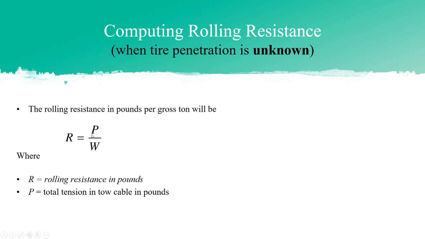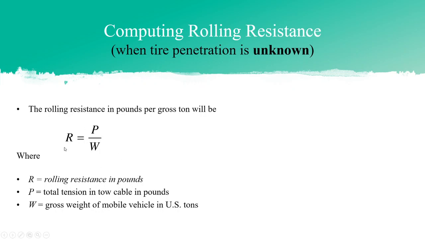It means if you want to tow the machine, how much tension, how much force, you will require to do that job. And W is the gross weight of the mobile vehicle in US tons, because we're talking about pounds, so this one should be US tons.